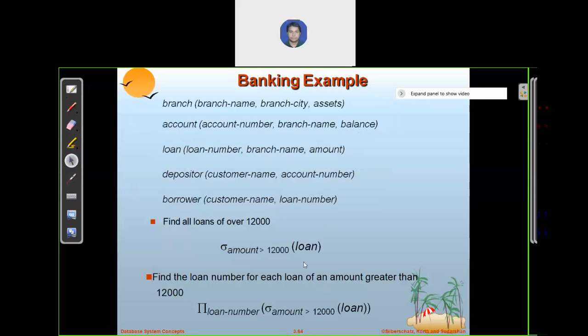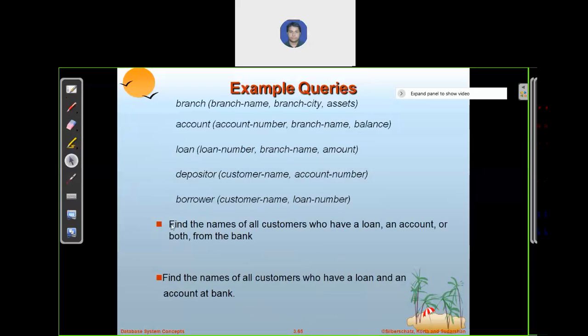Next, let's see the next query. Find the name of all customers who have a loan, an account, or both from the bank. Means we want to retrieve the customer name who has a loan account as well as an account in that bank, or both.